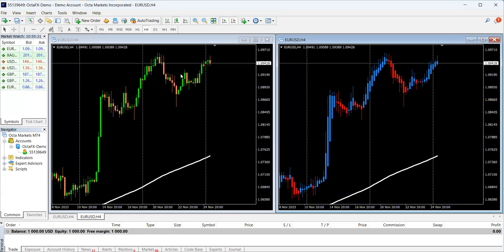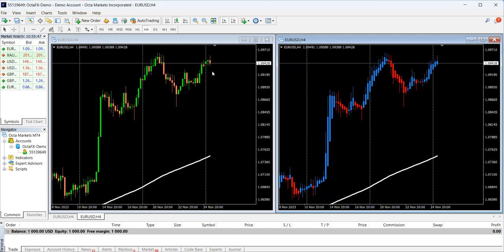This is the Japanese candlestick with lime and red. The green or lime shows uptrend, so this is a bullish candlestick, and the red is a bearish candlestick. While on my right we have the Heiken Ashi. The blue shows the bullish, while the red shows the bearish.